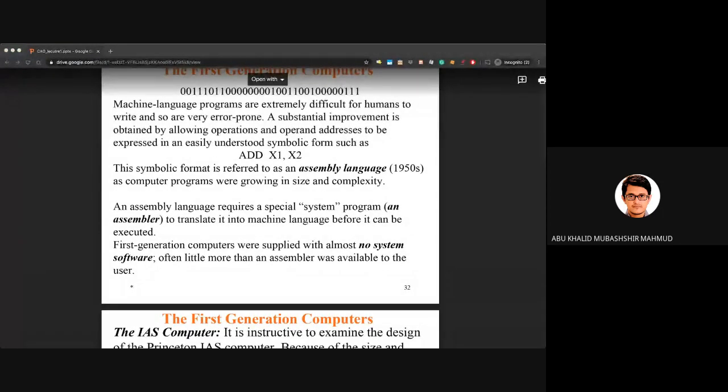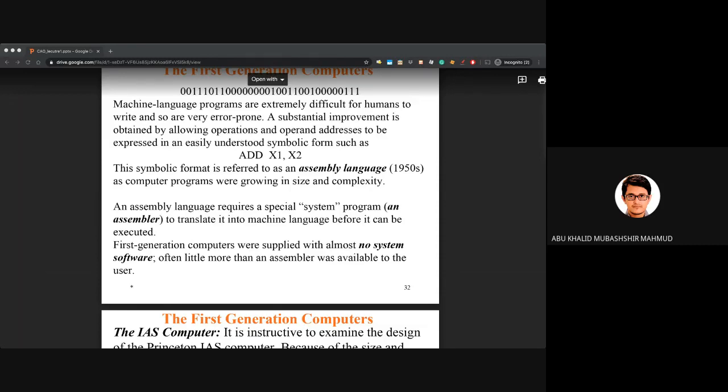Now the first generation computers were supplied with almost no system software. Nowadays, when we buy any device, mobile, laptop, personal computer, desktop, etc., it comes with an operating system: Windows, Linux, or Mac OS. These were the most popular in the world. But at the time of the first generation of computers, it was kind of unthinkable.